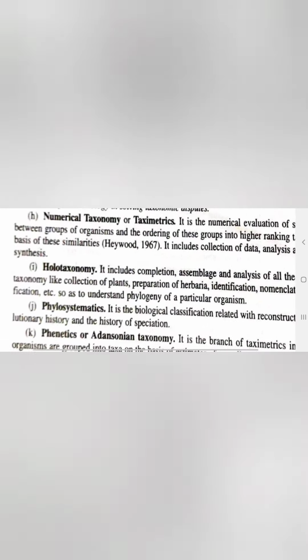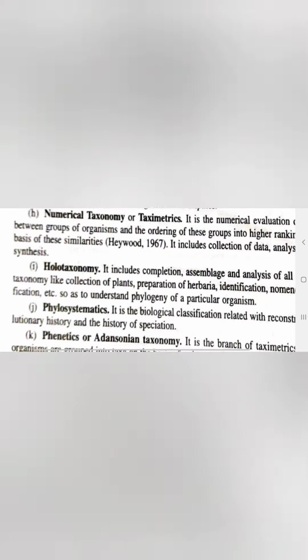Then we also compare all the similar characters of different species, and then we categorize those species into a genus, and for including all the genera into a family and order, we compare their similar characters with the other genera or other families, so that we can place an organism into higher and higher groups. So it is numerical taxonomy or taximetrics that is based on the numerical similarities.